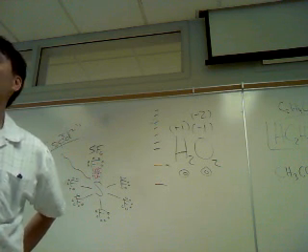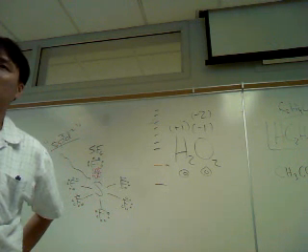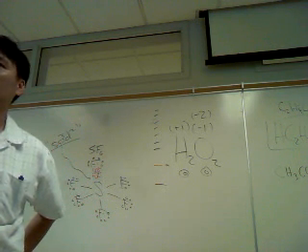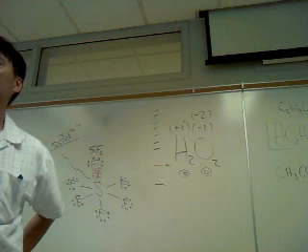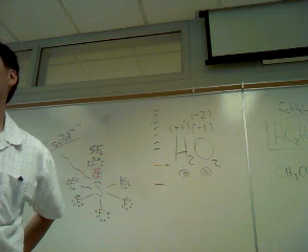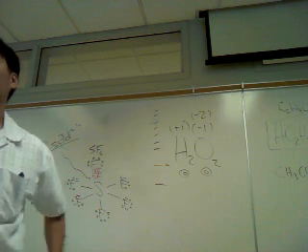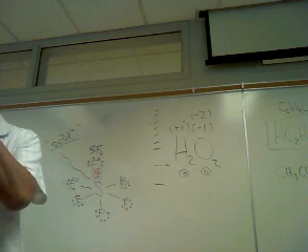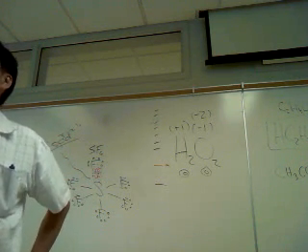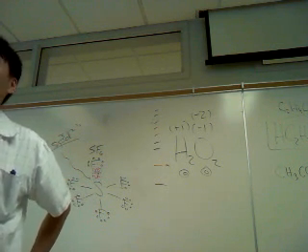How many orbitals are there in an atom? You're saying infinite, Stephanie? Stephanie's right. There's an infinite number of orbitals. If there's an infinite number of orbitals, you better start naming them.